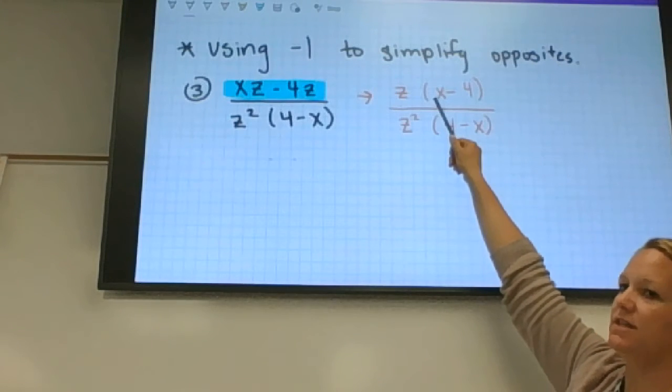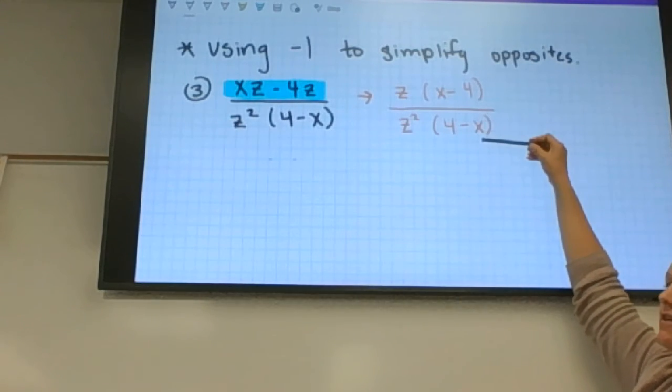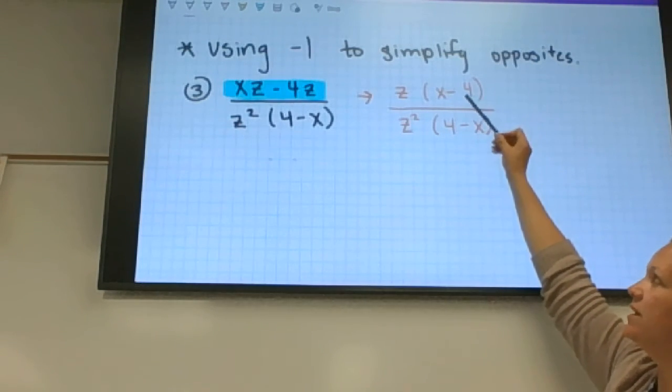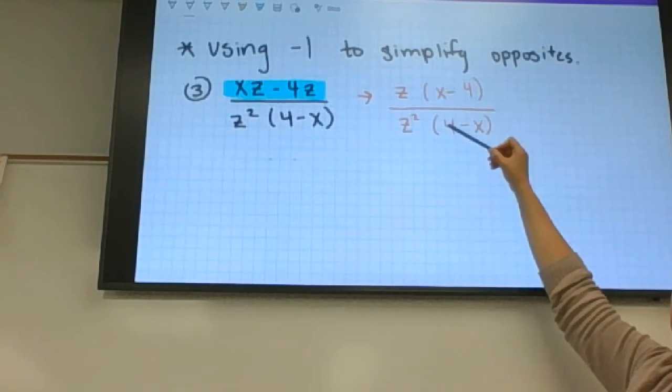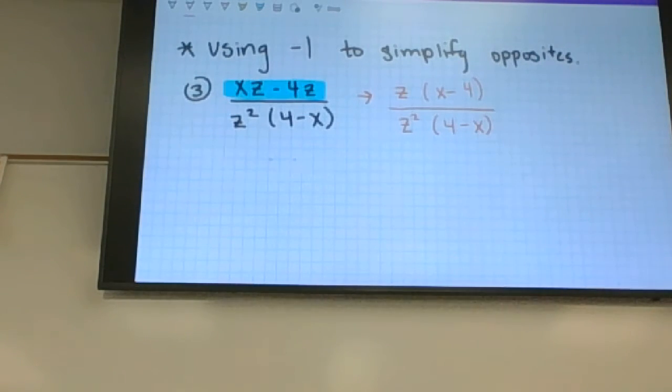This x is negative. This 4 is negative, while this 4 is positive. These are perfect opposites. They both have to be opposite. So I'm going to reorder the bottom one so that it looks like the top one.